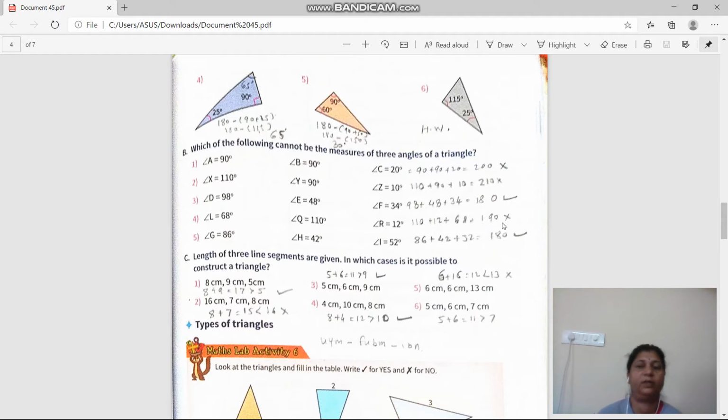No. So it is not the addition of the angles of a triangle. Then next, 86, 42 and 52. So 86 plus 42, we get 128. So 128 plus 52, we get 180. So it is the addition of angles of a triangle. Understand everyone? Now let's see the C example.